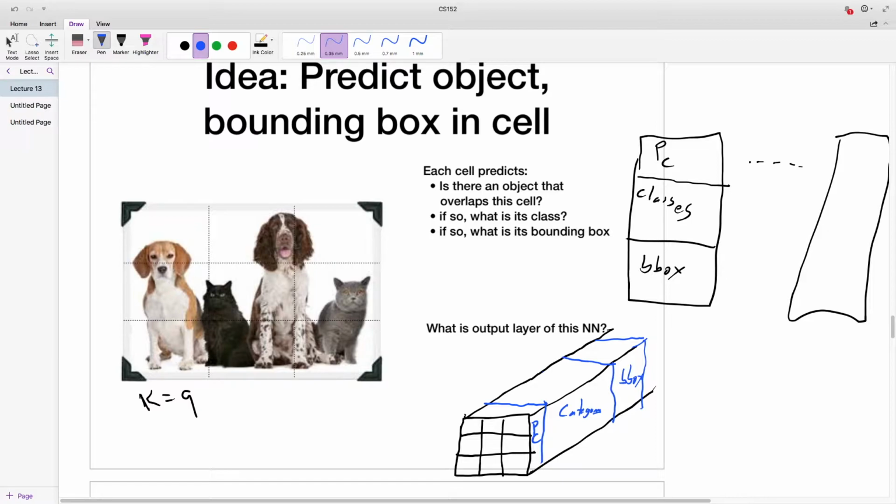So for instance, for this cell, and we're going to have to talk about what overlap means, but we could say there's certainly a smaller probability for this blue cell than there is for the red cell, right? There's just a little bit of an ear there. And so it might be that this blue one is predicting no object. And then the red one, we would want to predict yes object. And it's a dog. And it needs a bounding box.